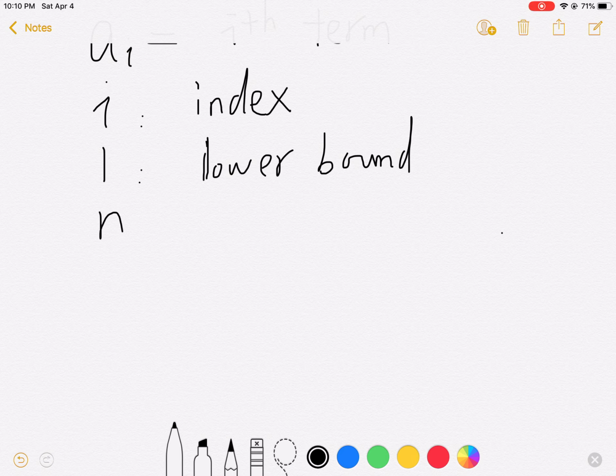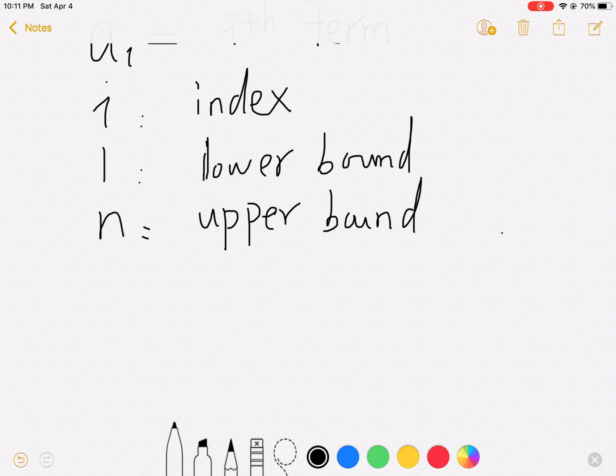And here n is called the upper bound. So the 1 and n could be changed. Okay, so now let's look at one example.